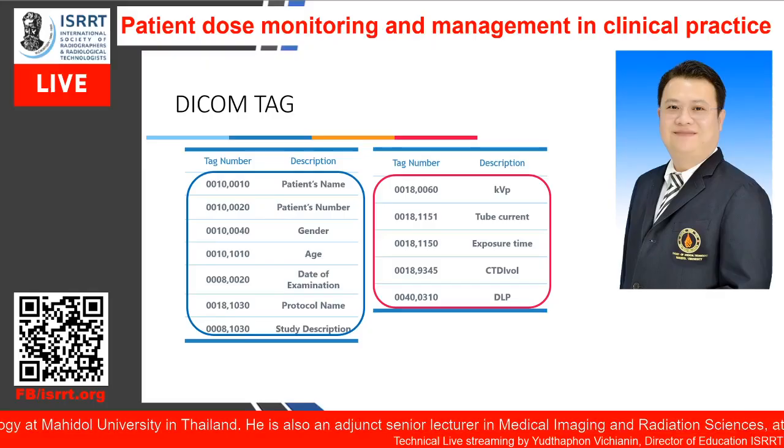The tag number, for example, 0010,0010, that is the patient's name. And if you look at the right-hand side, the tag number 0018,0060, that's the kVp. And what about the dose metric? Look at the last one, the DLP. The tag number is 0040,0310, that's the dose length product.